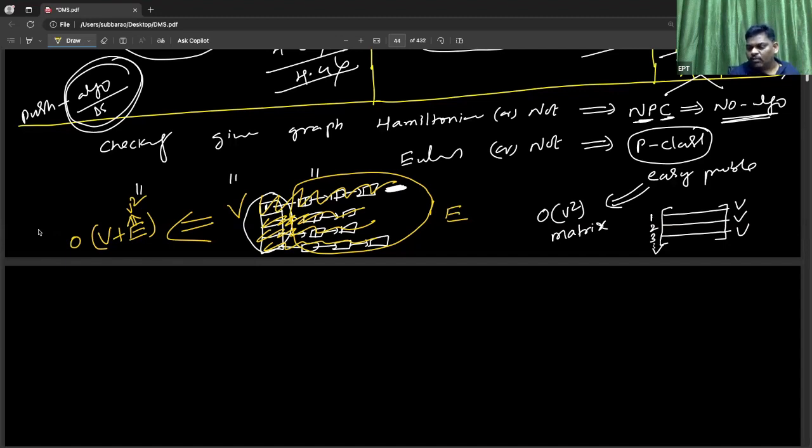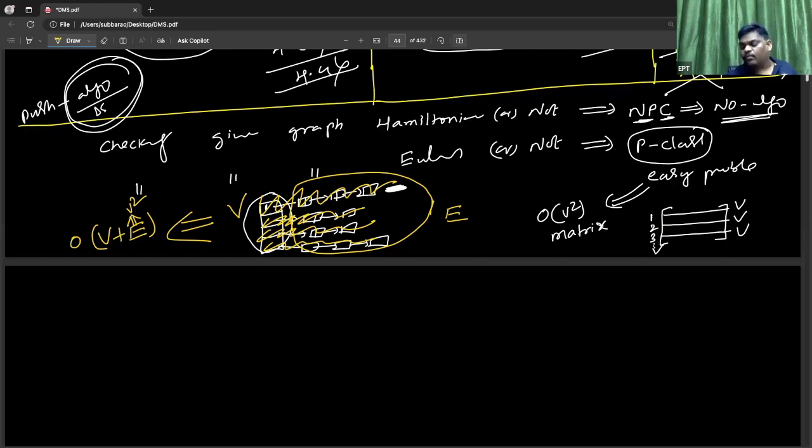Last time I want to ask you, if it is a null graph, what is the E value? Null graph, what is the E value? 0. If the null graph E value is 0, just keep E as 0, then V will come. One student asked me in the group, why are you writing V? Who knows who is bigger? The actual answer is V plus E. V may be bigger. Whichever is bigger you take.